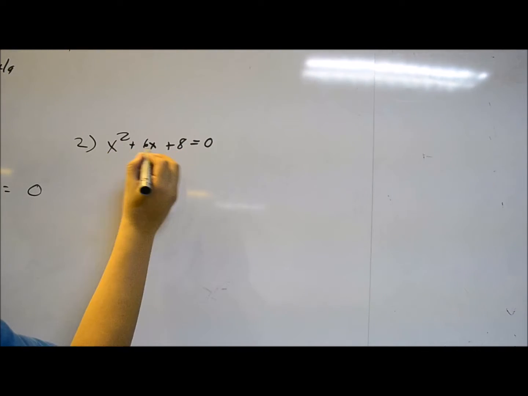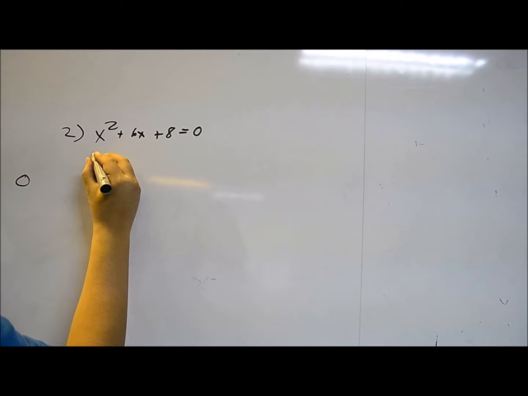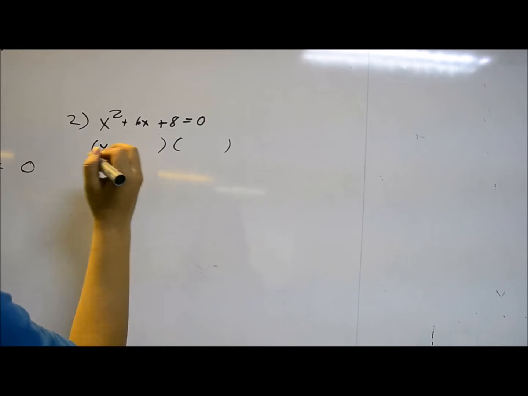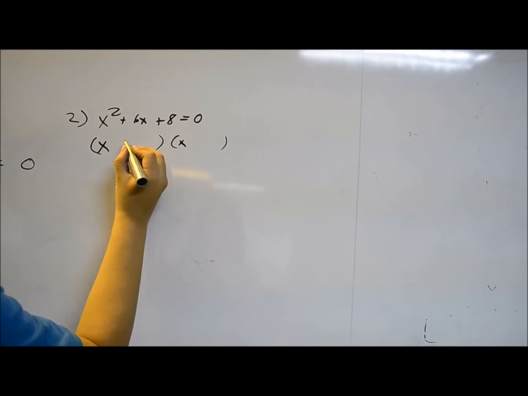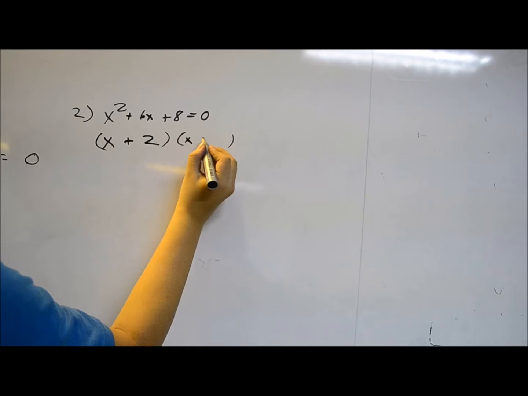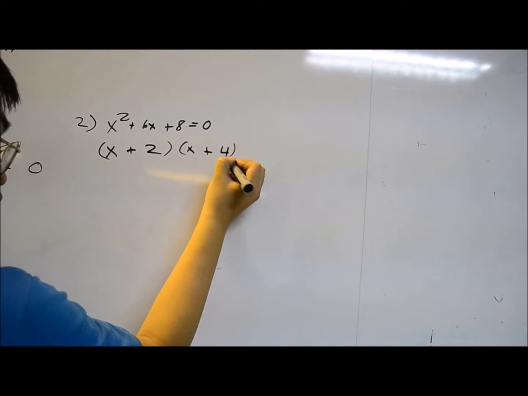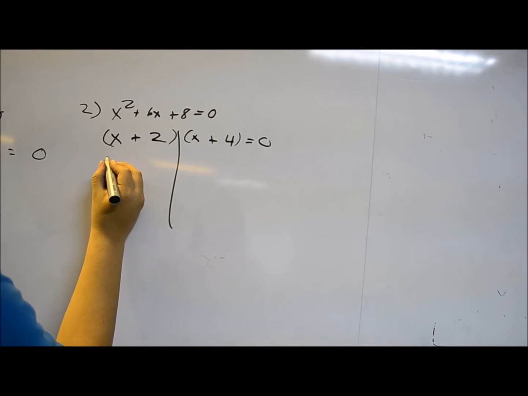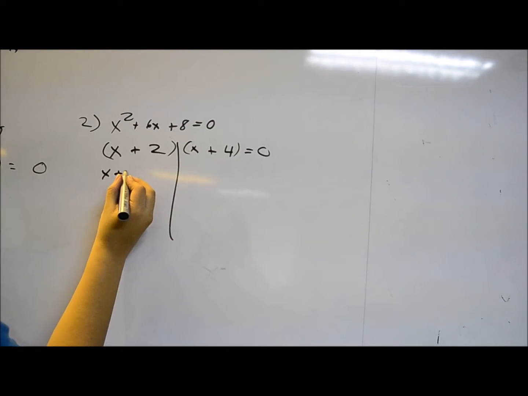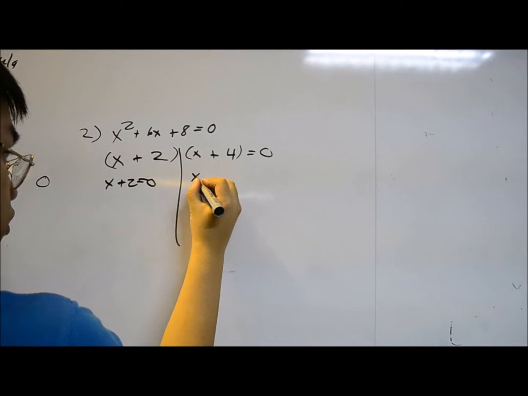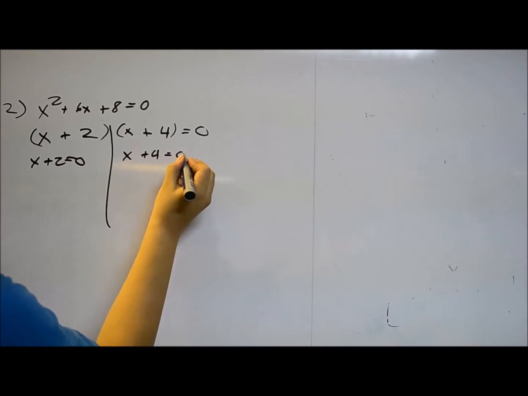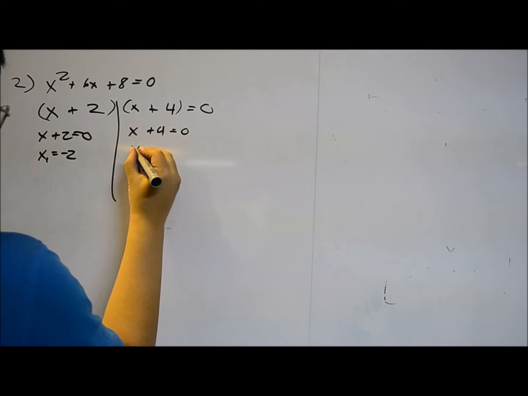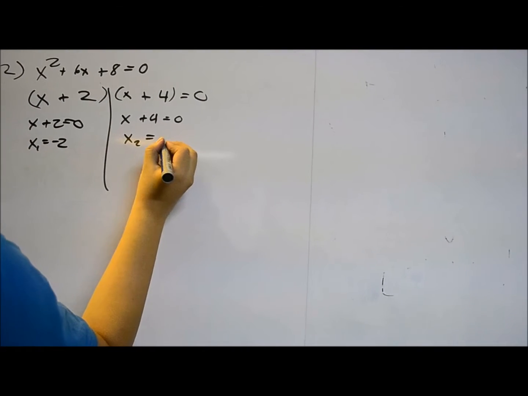Again, this trinomial is factorable. And the factors are x plus 2 and x plus 4. If we equate each factor to 0, then we will have x sub 1 equals negative 2, and x sub 2 equals negative 4.